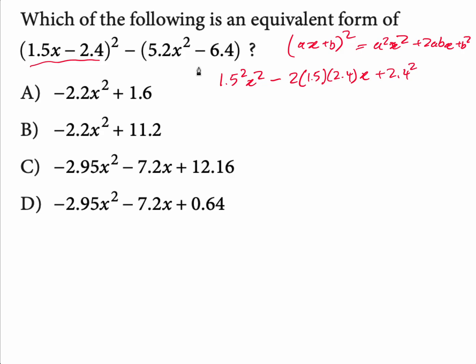Here it's the same thing. Because you have a negative here, it's negative 2 times 1.5 times 2.4x. The second number is positive because it's the negative 2.4 squared, and negative times negative is positive. So this is equivalent to that.